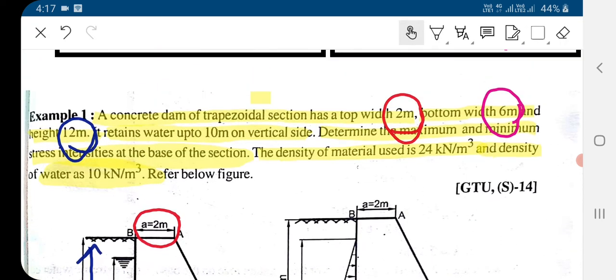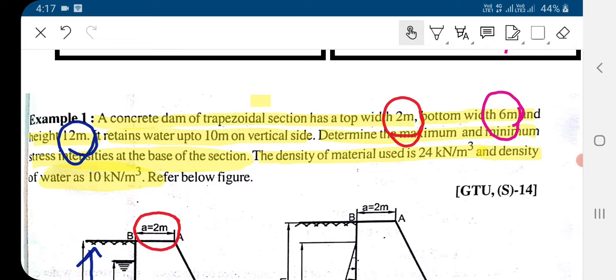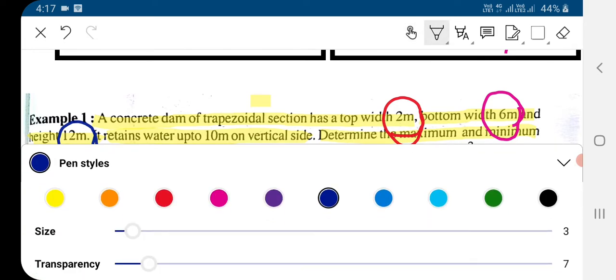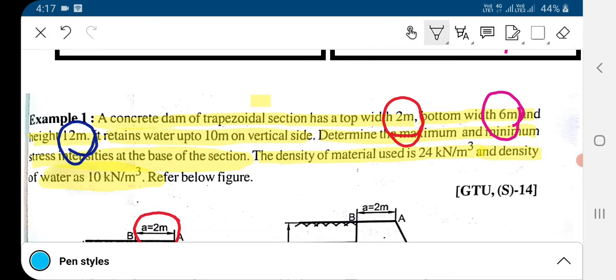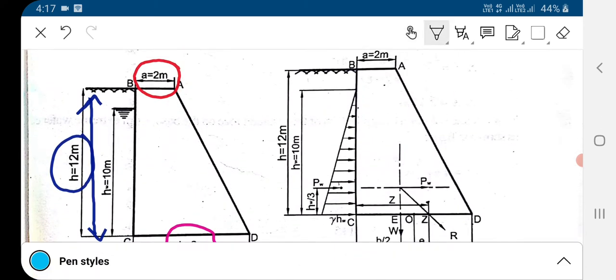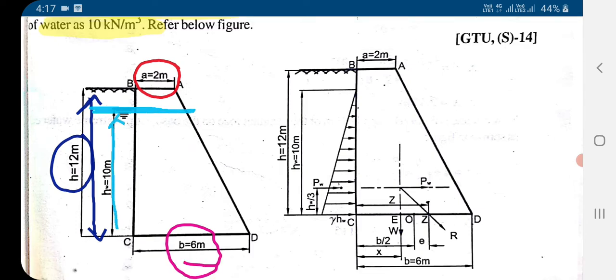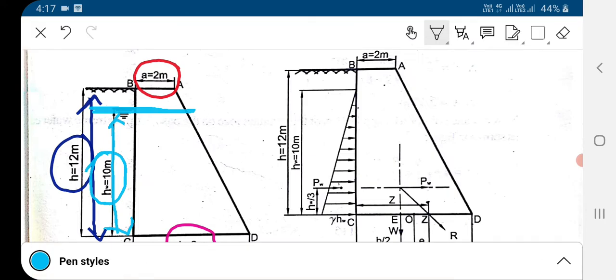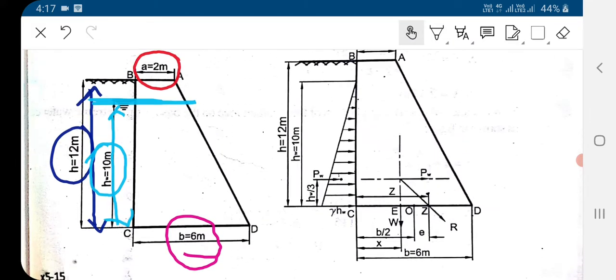Next, it retains the water up to 10 meter. So the height of water given in this example is 10 meter. Here in the figure we have drawn the water height up to this level, where the water is present. So this height is given as 10 meter. So the figure of this dam is completed.